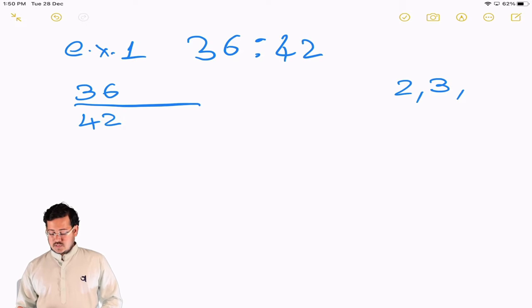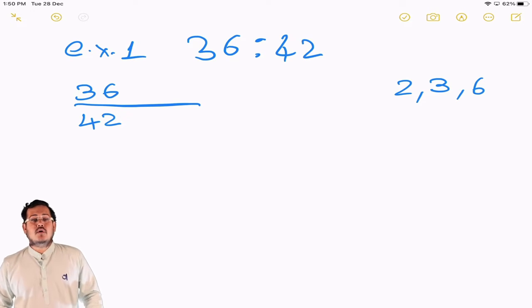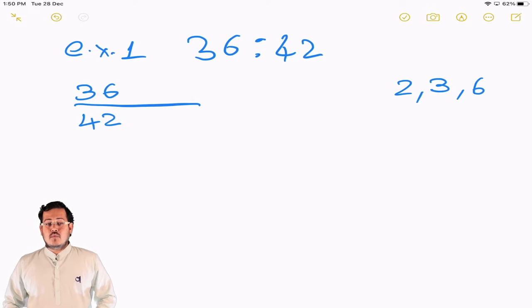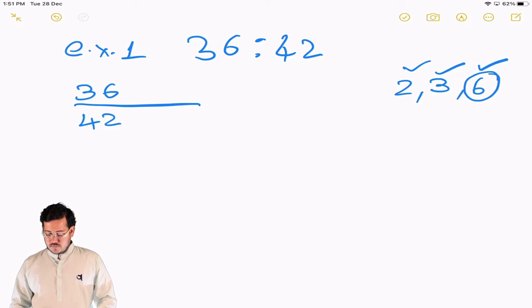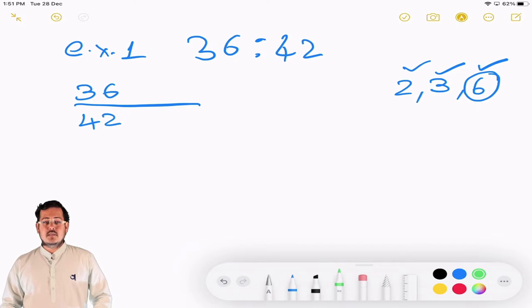Now let us try with 6. It can be divided by 6. So if you want these ratios in the smallest term or the simplest form, you can divide by 2, 3 and 6. Here I will take the bigger number. You can take any number, no problem with that, but here I am taking the number 6.